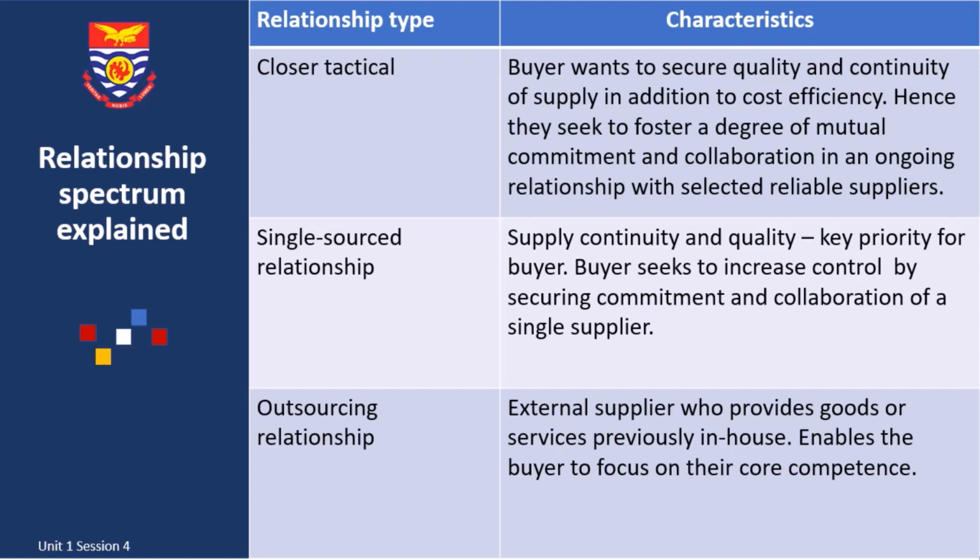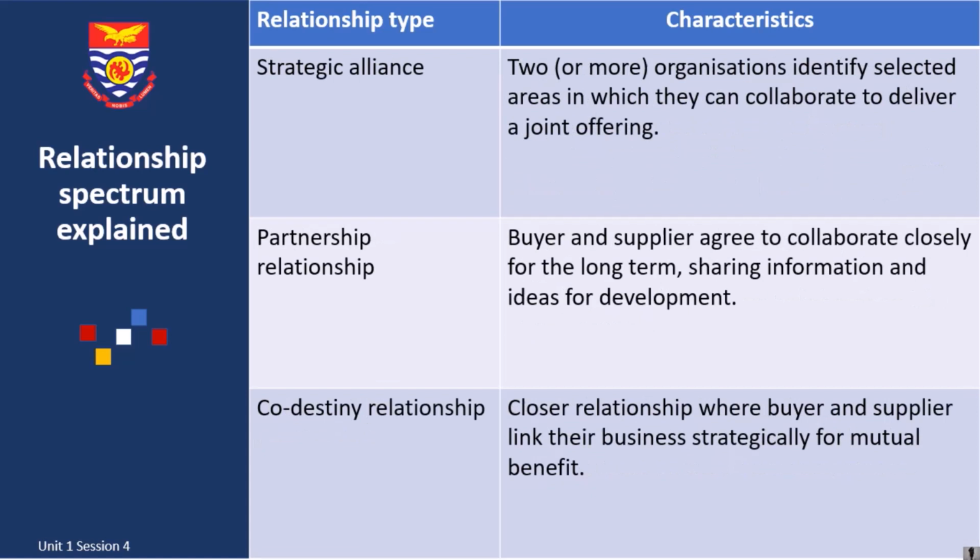Then we move on to outsourcing relationships, where the buyer seeks to acquire goods and services from an external service provider so that the buyer is able to focus on their internal core competencies. Then we move on to strategic alliance, where buyer and supplier collaborate strategically to deliver a product or a joint offering.